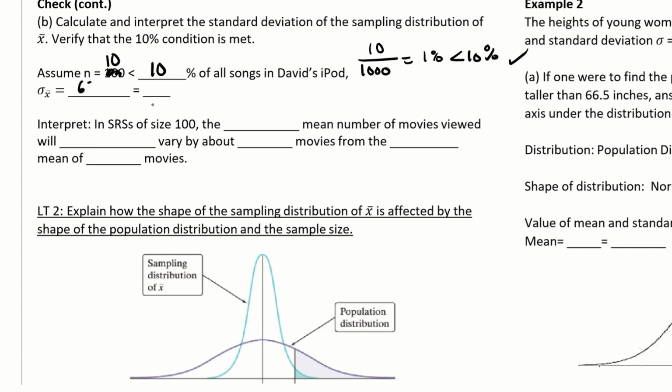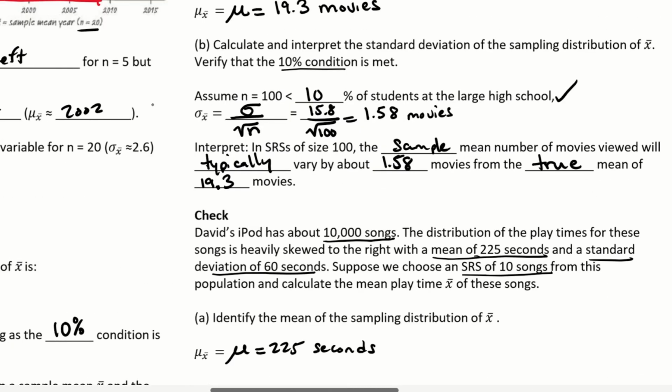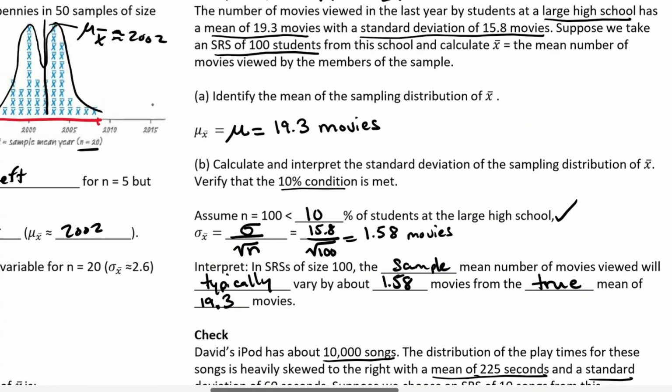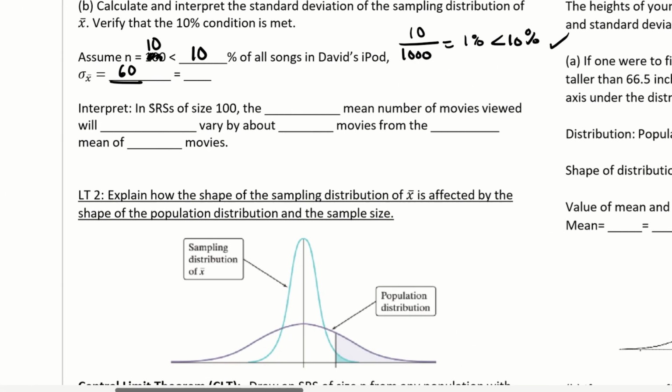Double check there, because I don't remember exactly. Standard deviation, yeah, it was 60 seconds. So 60 over square root of 10, which is going to give you 18.974.